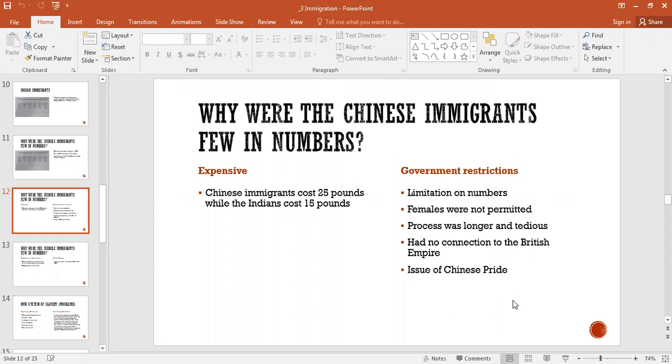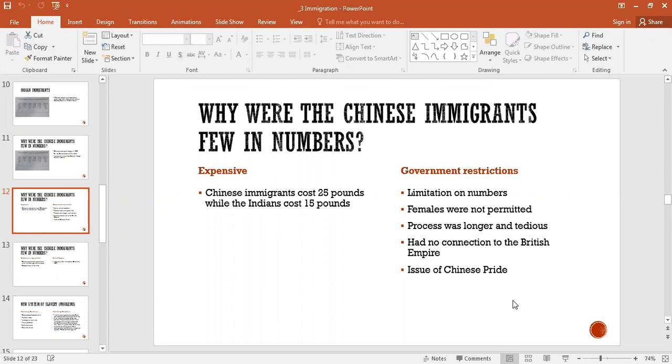China at this time, in 1830, after 1838, China was not like a developed country like what we have China today, or how we perceive China today.